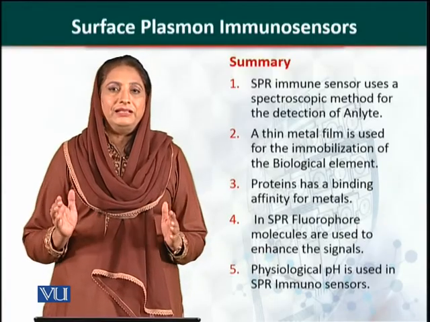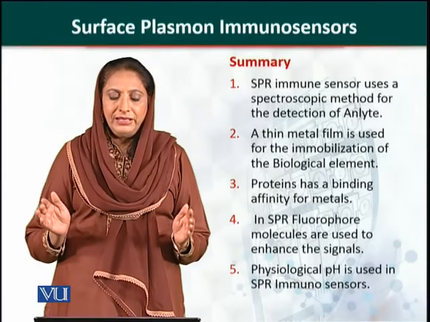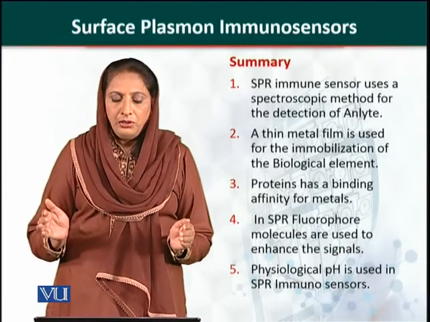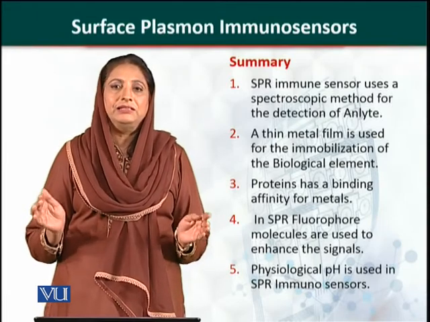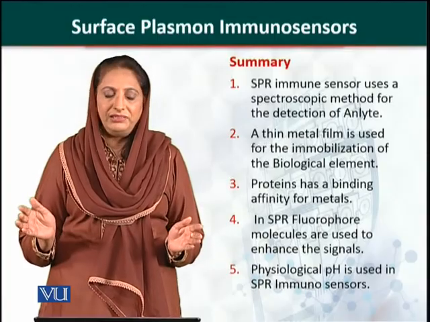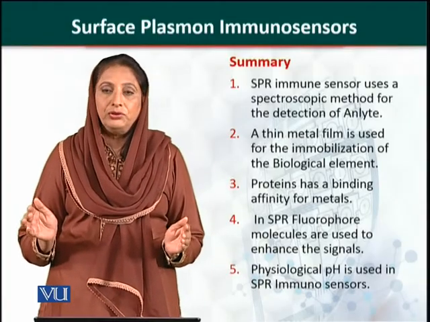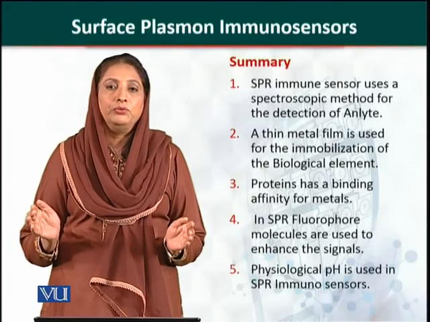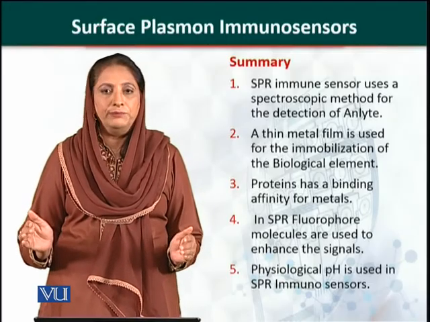There is an interaction between the proteins and metals. And in SPR technology, we can introduce fluorophore molecules. These molecules increase the performance or the sensitivity of the SPR immunosensors. Physiological pH is used in SPR immunosensors to maintain the formation of the antigen and antibody complex.